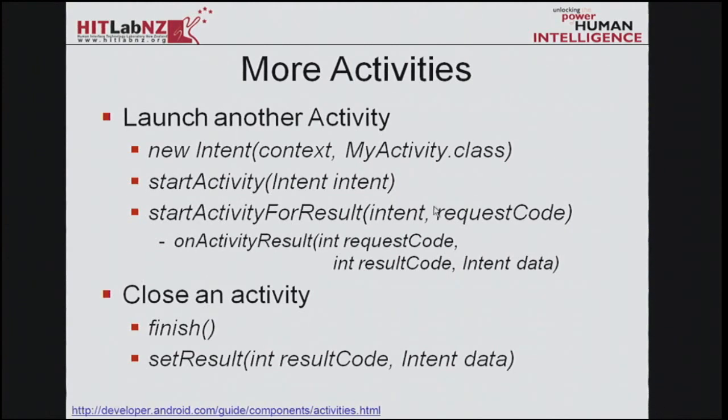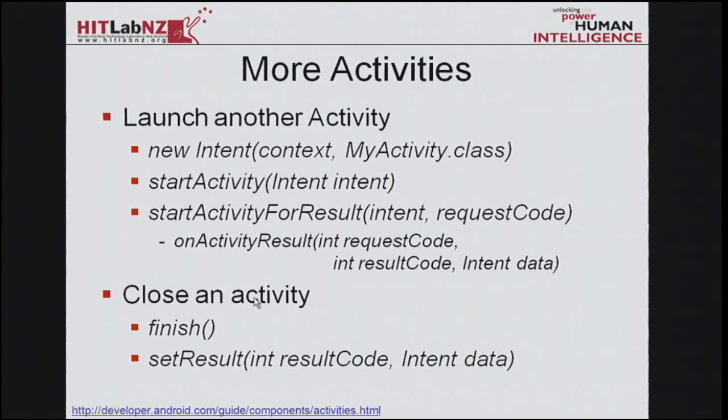So again, the request code you pass when you invoke another activity will be called back with the same value. So if you have put 100 here, it will be called back with 100 here, so that you know which activity it's coming back from.